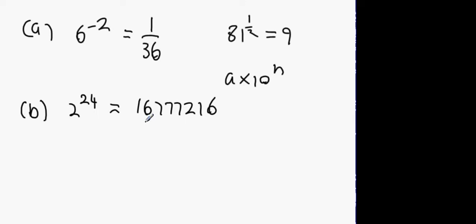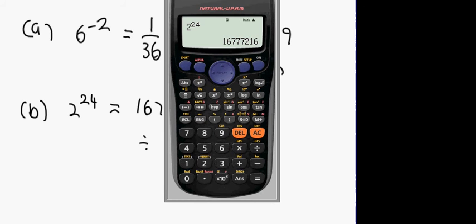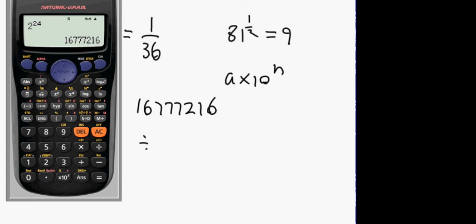You just keep dividing by 10 until you get a number that's between 1 and 10, and you count how many times you need to do it. Once, twice, 3 times, 4 times, 5 times, 6 times, 7 times. It takes 7 times to divide it down into a number between 1 and 10.